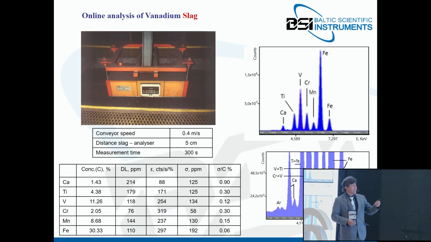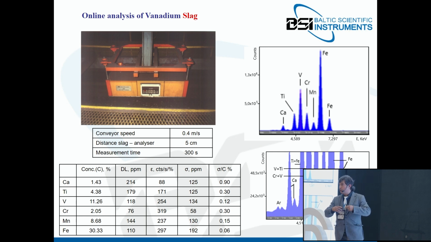Another analysis with another material is for vanadium slag. Here you can see the installation and the parameters, the measurement time, 300 seconds. For every 300 seconds, we obtain such a spectrum with the elements that are detected in the slag.